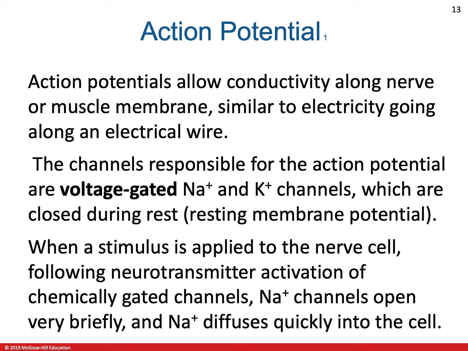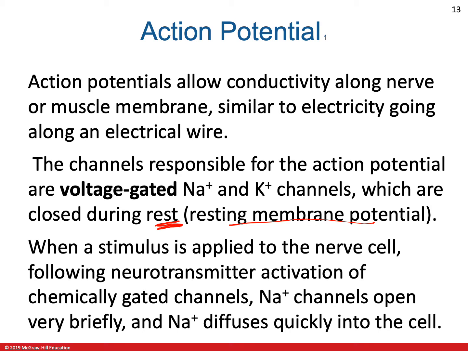Action potential allows conductivity along a nerve or muscle membrane, similar to electricity going along an electrical wire. The channels responsible for the action potential are your voltage-gated sodium and potassium channels, which are closed during rest, or resting membrane potential.